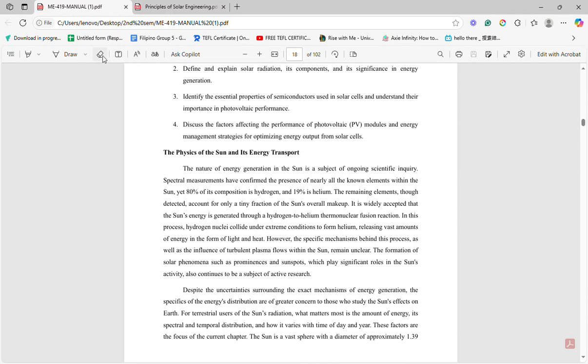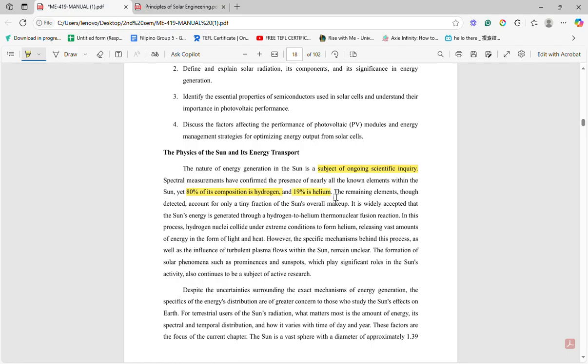So, first we have to discuss the physics of the sun and its energy transport. We all know that the nature of energy generation in the sun is a subject of ongoing scientific inquiry, and the composition of the sun is 80% hydrogen and 19% helium.